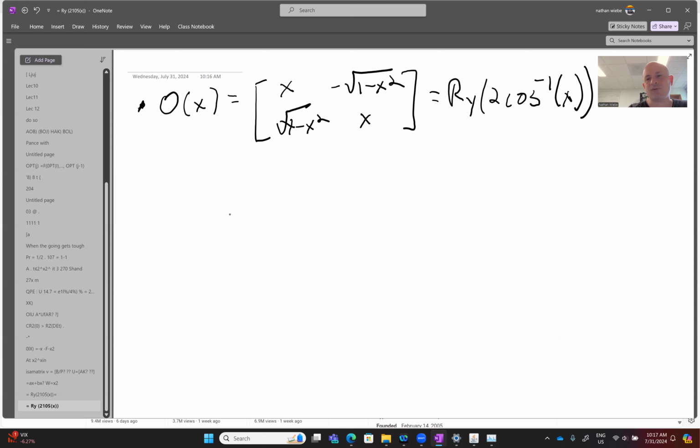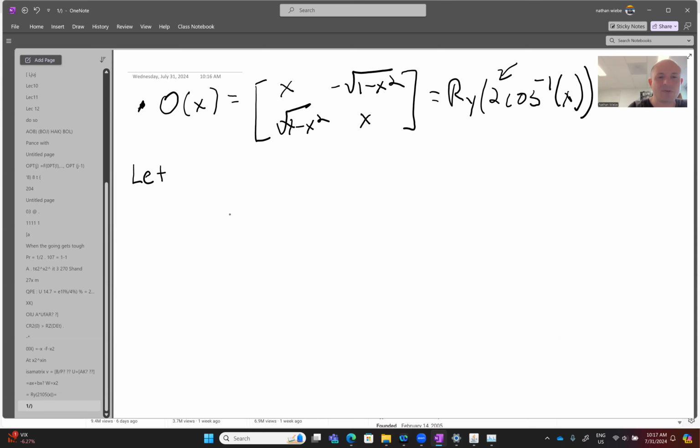And again, this factor of 2 is because of the annoying double cover that we have for unitaries versus rotations. So in any case, the quantum signal processing sequence goes as follows.